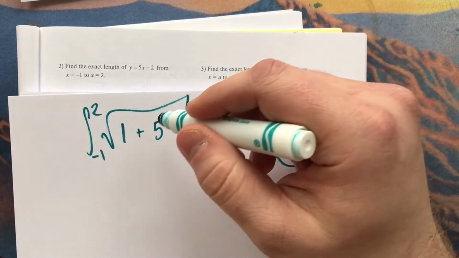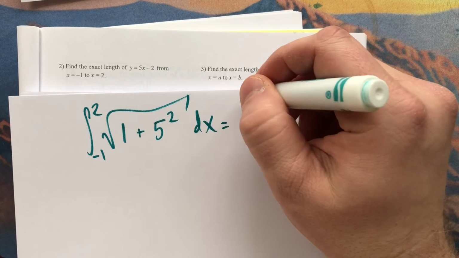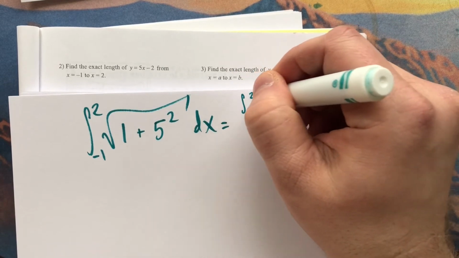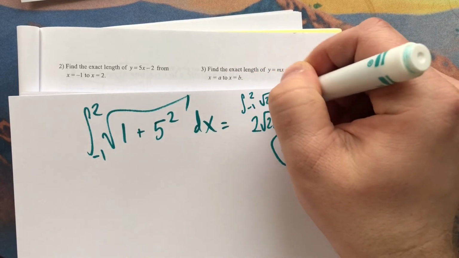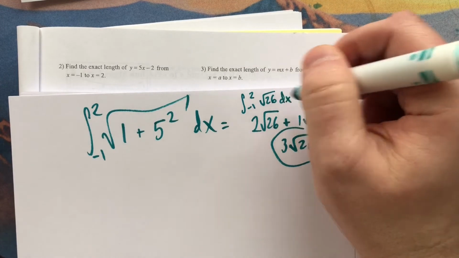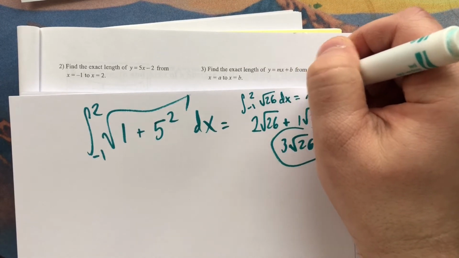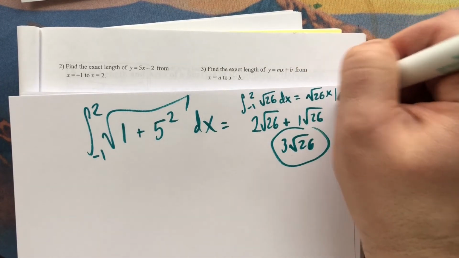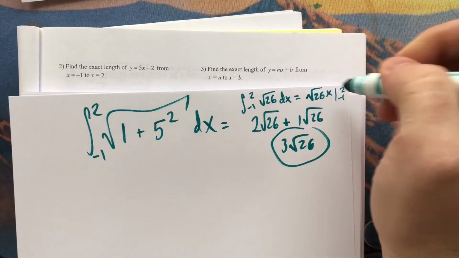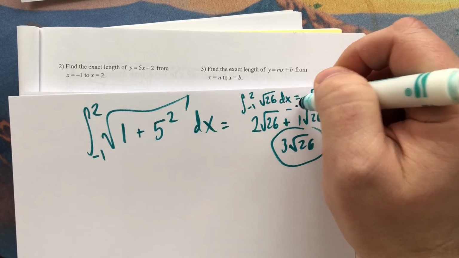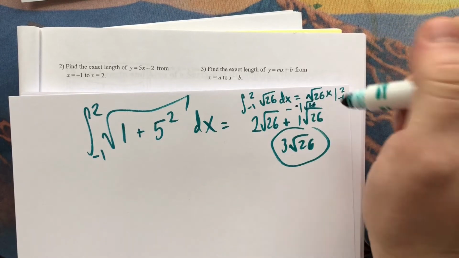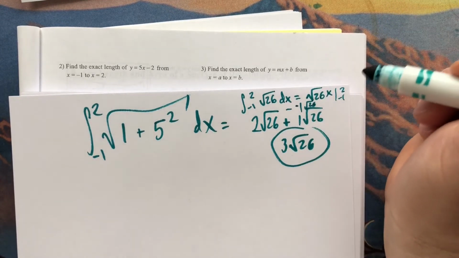Because I'm so smart. No, 25 plus 1. And then it's going to be root 26 times x, evaluated from -1 to 2. So when we plug it in, it's going to be minus -1 root 26. That's why it turns to positive.